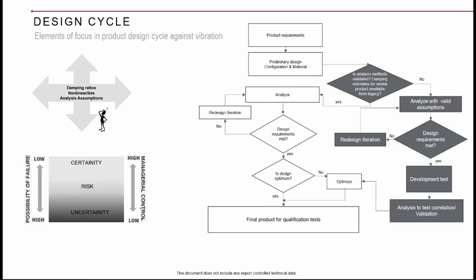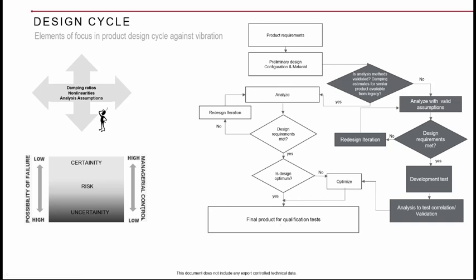And then go ahead and validate your analysis models. That is nothing but test correlation, analysis test correlation. Then apply the updated boundary conditions and updated modeling methods, and the confidence that you built through fine tuning your analysis can be applied to optimize it further and then get to the qualification tests.